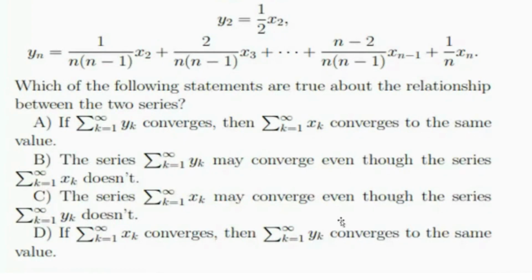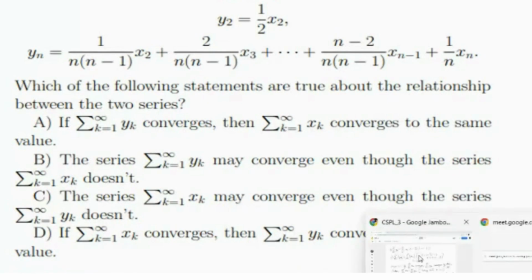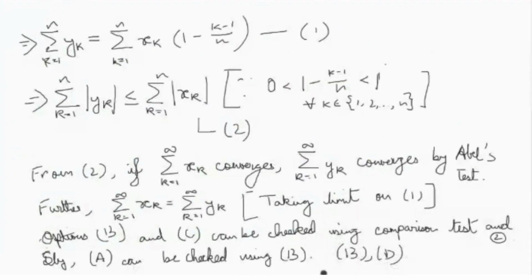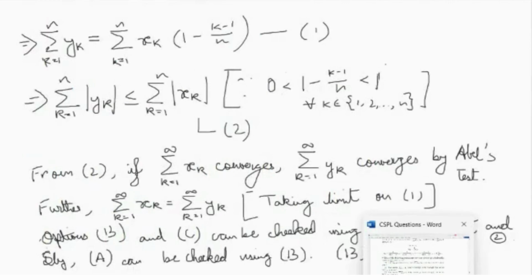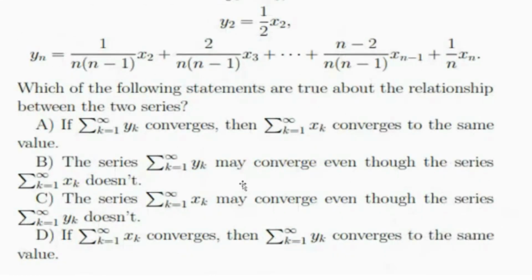You can observe, using the very well-known comparison test, that if a series is smaller than a convergent series, it converges, and if it's smaller than a divergent series, it may or may not converge. You can use that result definitely to check options B and C. And option A talks about that if summation yk converges, then summation xk converges to the same limit.